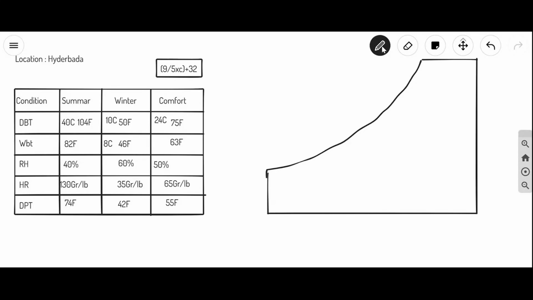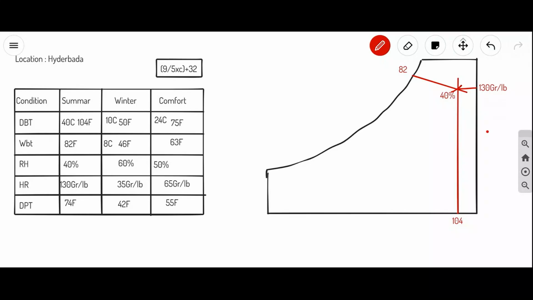So let's start with summer. 104 is lying around here, right? Wet bulb 82. 40%. 130 grains per pound.